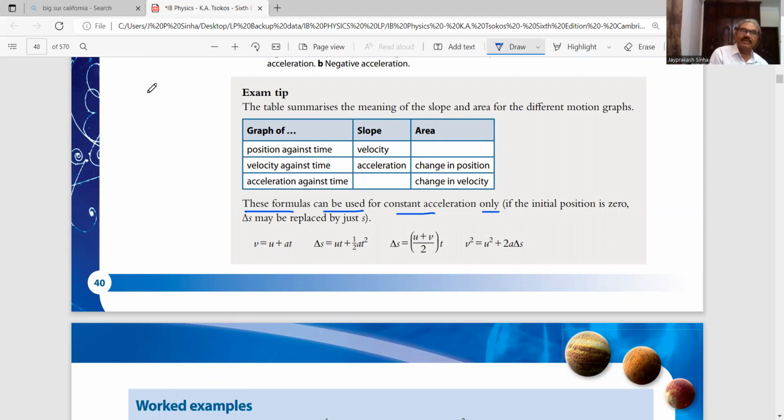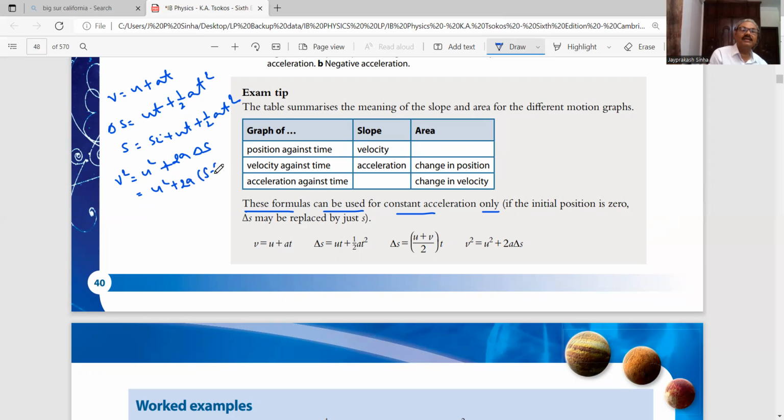So whatever formulas we have written, means v is equal to u plus at, and delta s is equal to ut plus half at square, means s is equal to si plus ut plus half at square, and then v square is equal to u square plus 2a delta s, means v square is equal to u square plus 2a into s minus si.